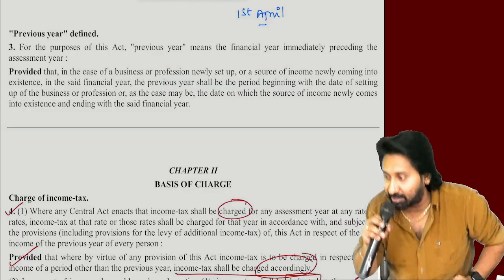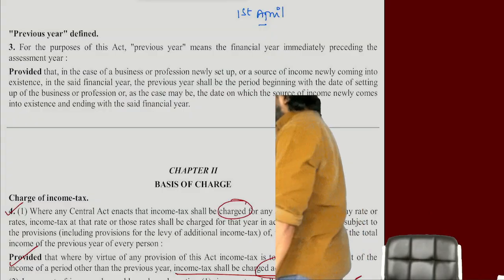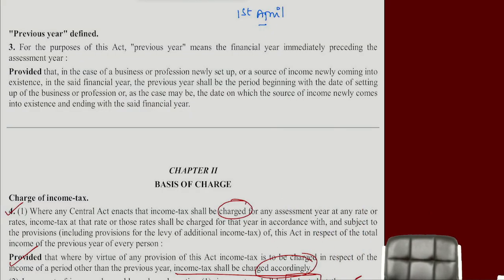Listen, I have a question, answer this also. For example, I made a fixed deposit on my birthday, 23rd of August. The bank will pay interest on that FD, and the income will be calculated not for the full financial year, but only from the day on which the source started.